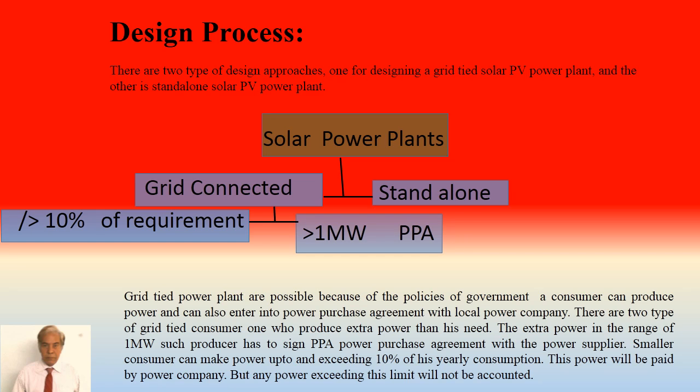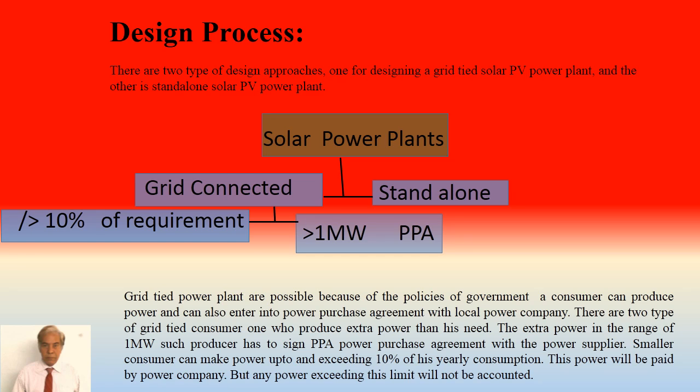There are two types of grid-tied consumer. One who produces more power than is needed, in the range of 1 megawatt, such a producer has to sign a PPA, power purchase agreement, with the power company.